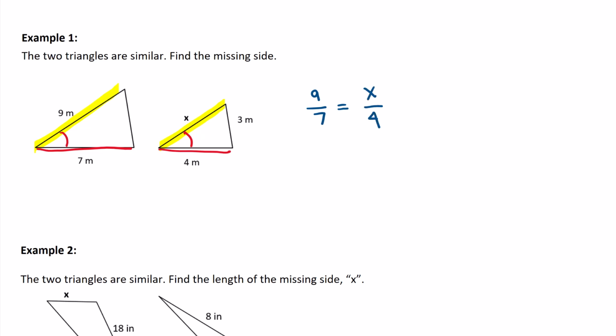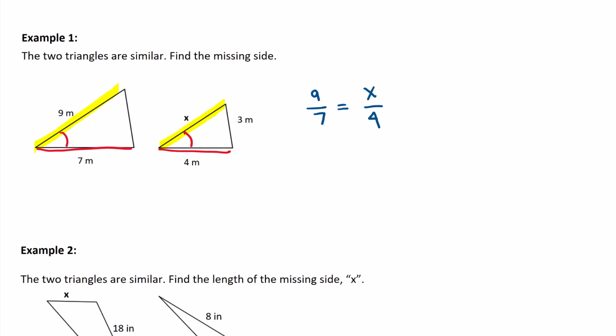Notice that the numerator on the first fraction is 9 and is similar to x, which is the proportional side of the similar triangle, and it is also in the numerator. I couldn't write it as 4/x because then it would not represent the same side for the triangles.